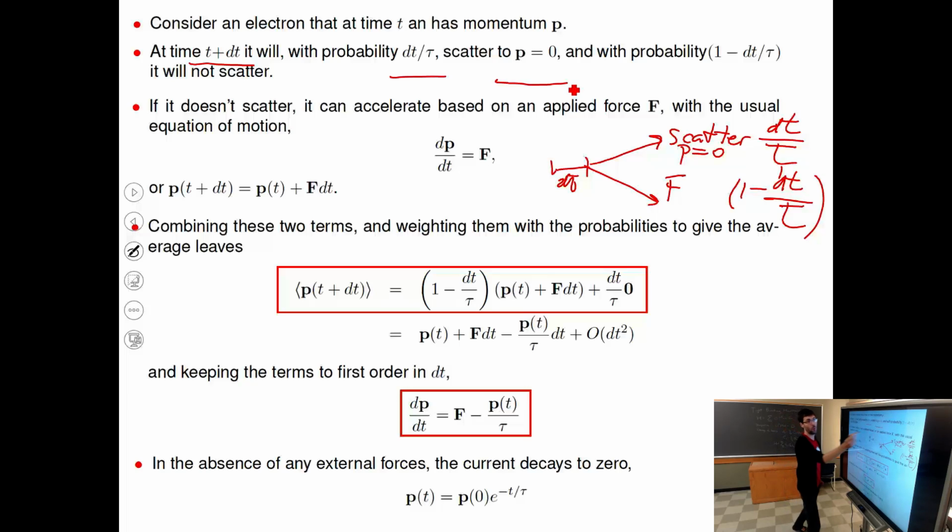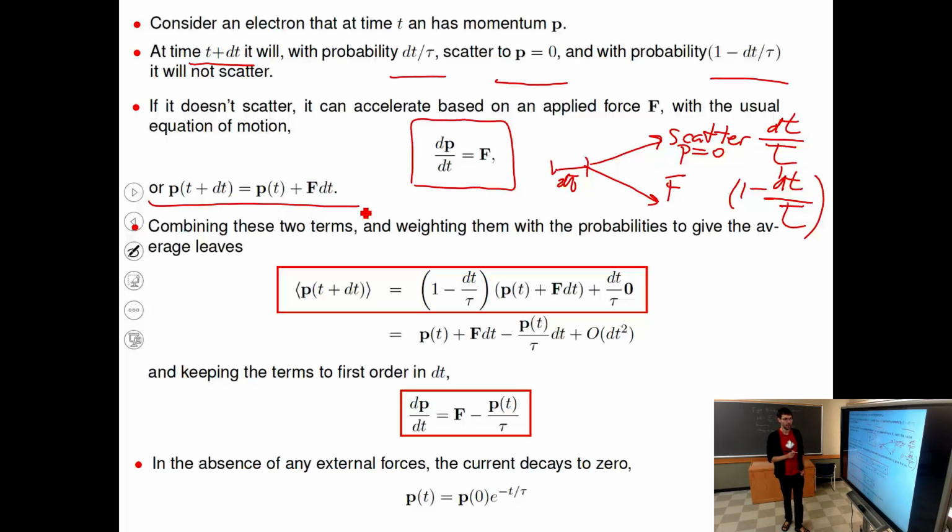And with the probability of 1 minus dt by tau, this happens to the momentum: dp/dt changes under the influence of force. Or you can write it this way. This is the same thing. Okay, so then an averaged change in momentum during this interval dt is given by this. With a weight of 1 minus dt divided by tau, momentum grows by F times dt.